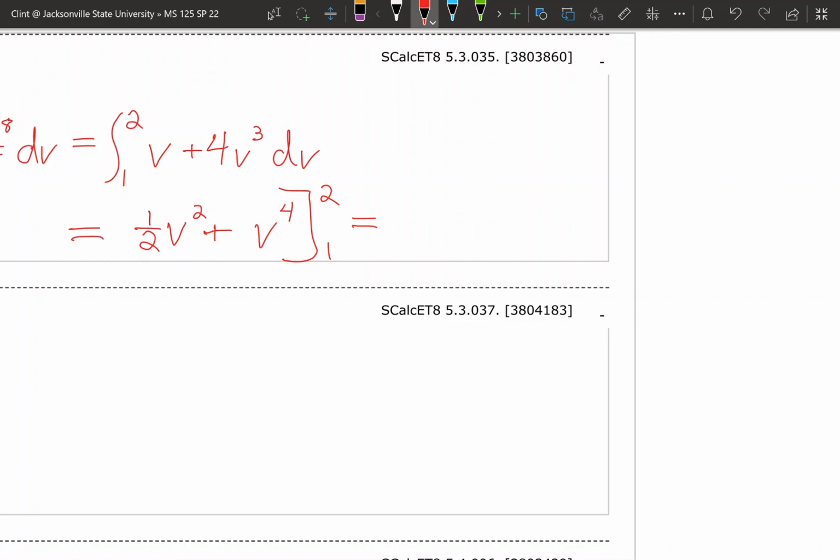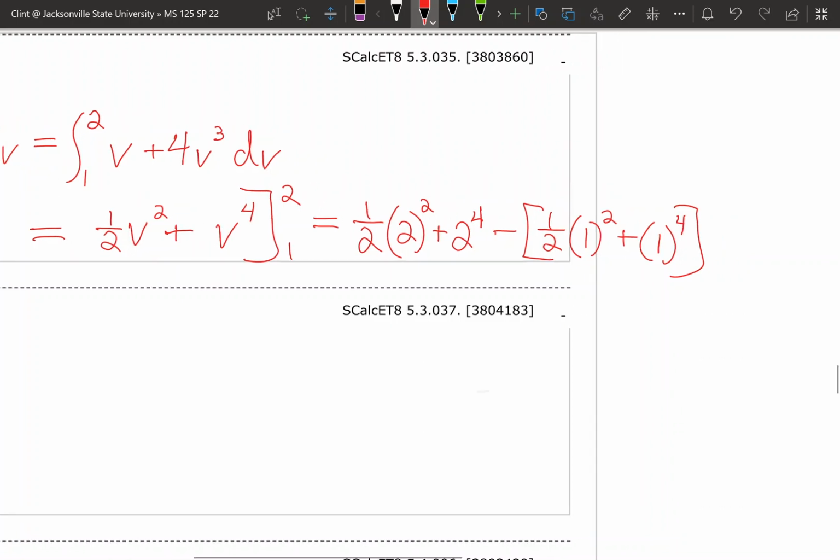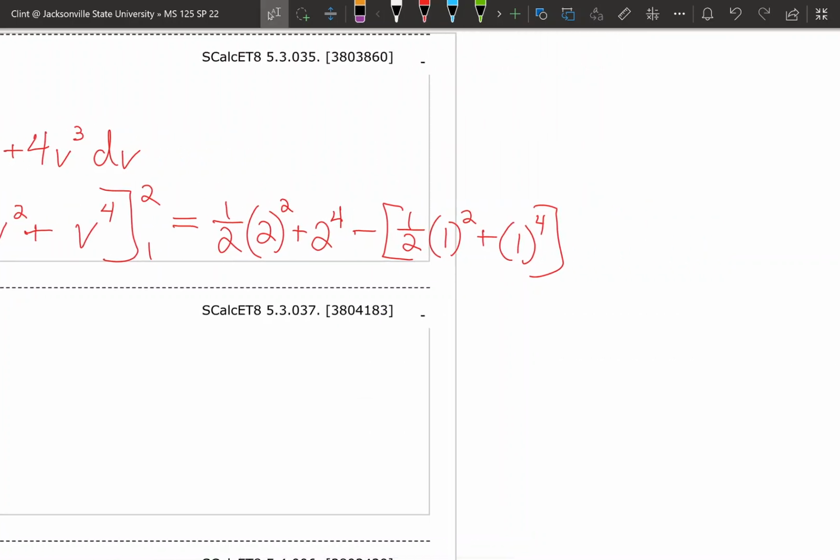So use the top number first, so 1/2 of 2 squared plus 2 to the 4th, minus 1/2 of 1 squared plus 1 to the 4th. Okay, so let's see.